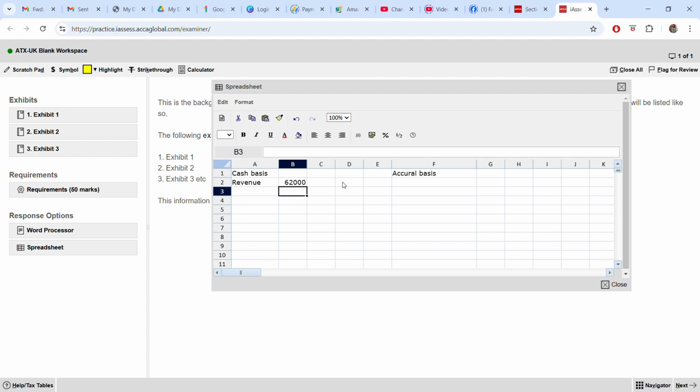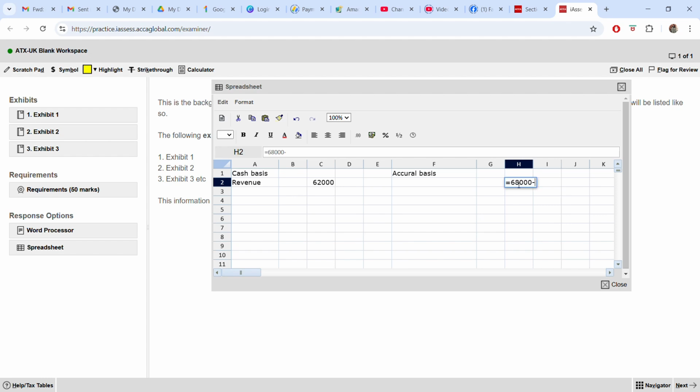But when it comes to revenue under accrual basis, what happens? Wait, this I'll copy paste here. This I'll deduct. Here when I do the revenue, it is 68,000.